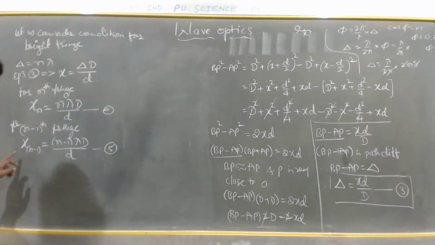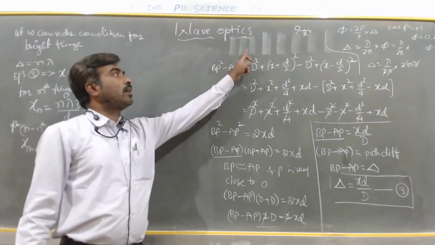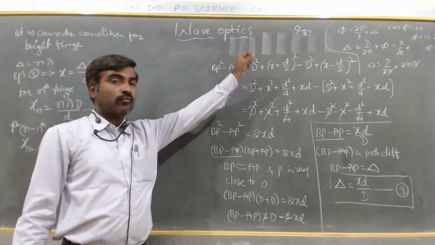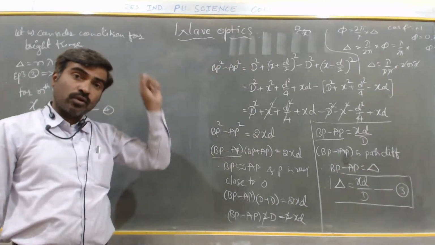The last fringe and last but one fringe will give you the difference between the fringes, that will give the single fringe value, that is the width of a single fringe.